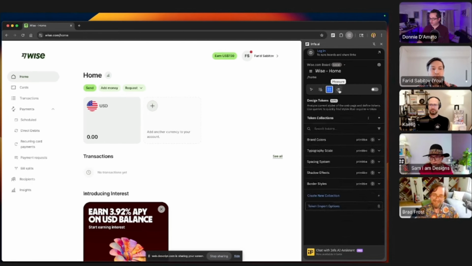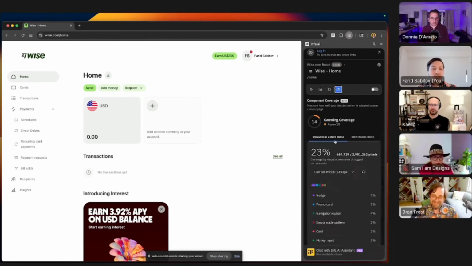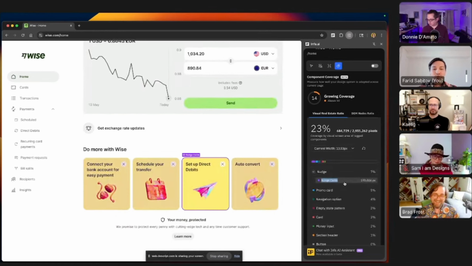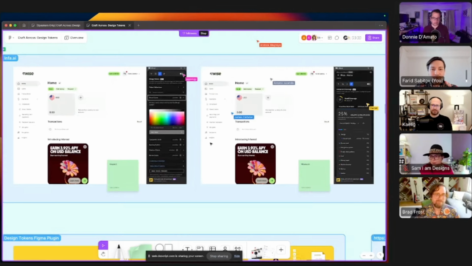And for design system managers, there is this measuring feature where you can see what kind of components are contributing to the adoption of your design system. And within the product itself, not Figma, not the code, but the product itself in the browser, it will help people inspect and measure the adoption of your design system when it comes to components and tokens.